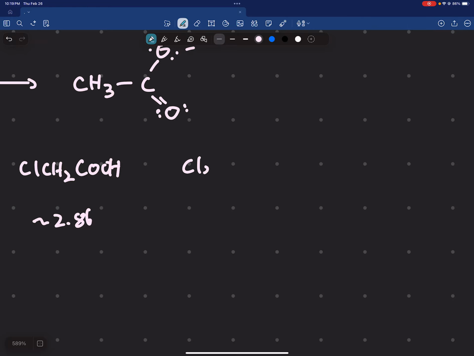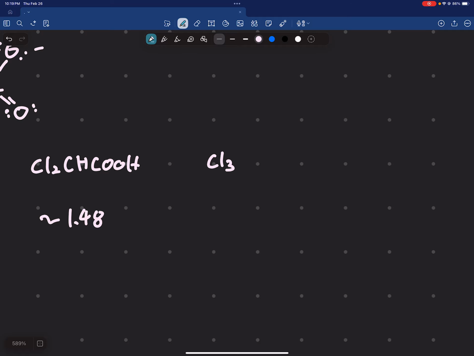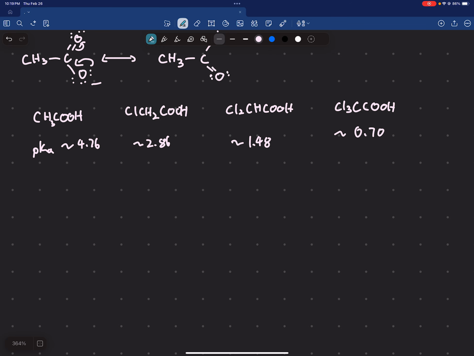And if we have two chlorines, dichloroacetic acid here, the pKa will be around 1.48. And if we have three chlorines with trichloroacetic acid, the pKa will be around 0.7. So the acidity will increase the more chlorines you attach.